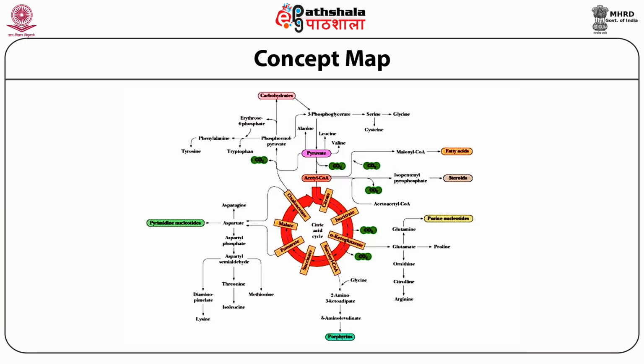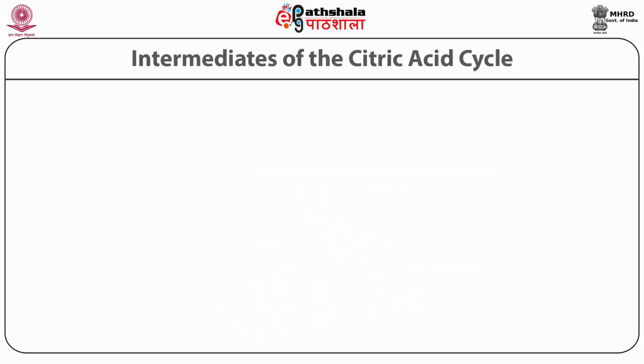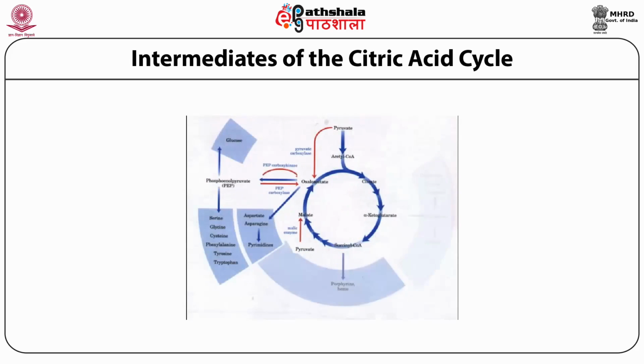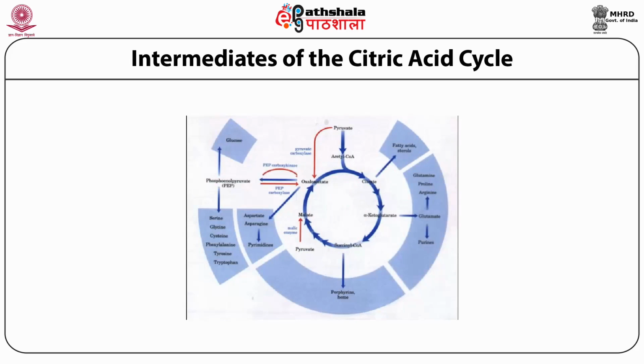Concept map of TCA as a source of biosynthetic precursor. This figure gives the overall view of the citric acid cycle, which is a source of biosynthetic precursors for many metabolic pathways. We synthesize carbohydrates, proteins, fatty acids, nucleotides, etc. from the intermediates of the citric acid cycle.